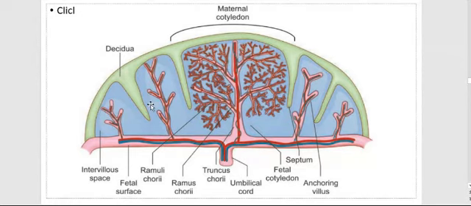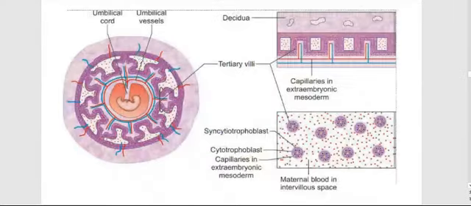Now that they have slimmed down and grown, they are all projecting into the syncytial trophoblast. So this is the villus which has been created. It just elongates, so it will be surrounded by the intervillous spaces with blood.